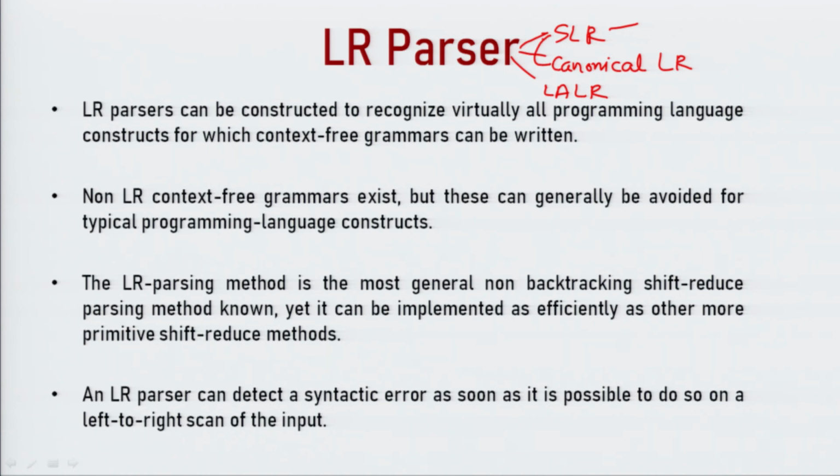It can parse more grammars than the SLR parser, but fewer LR grammars than the canonical LR parser. However, with certain constructs we can easily implement an LALR parser too. So there are three types of LR parser: SLR, canonical and LALR.